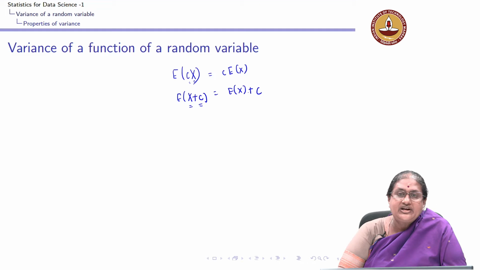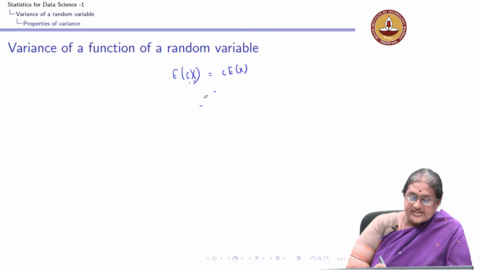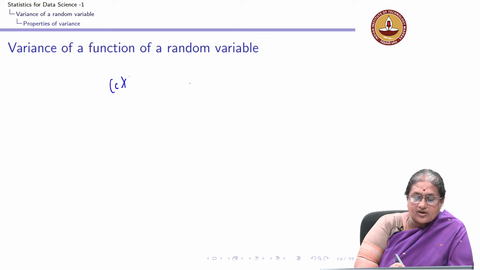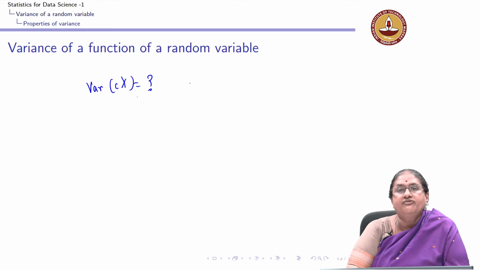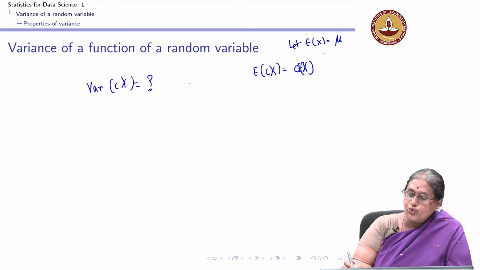Now let's continue with the same exercise for the variance of a random variable. Suppose I have X as a random variable and I am multiplying X with a constant c. I want to know what the variance is. Recall, the expectation of c times X is c times the expectation of X. Let the expectation of X be mu, so this is c times mu.